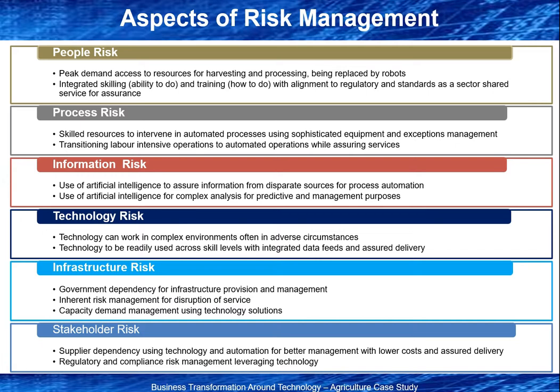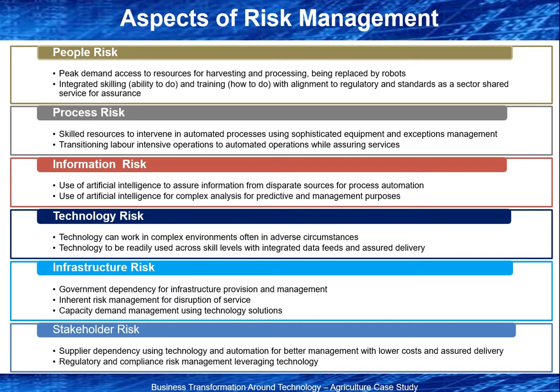The use of artificial intelligence to assure algorithms and data, and the use of analytics across a range of industry activities. Again, the risk in implementation is managed, and this is a common issue across many industry sectors where common needs and tools apply.